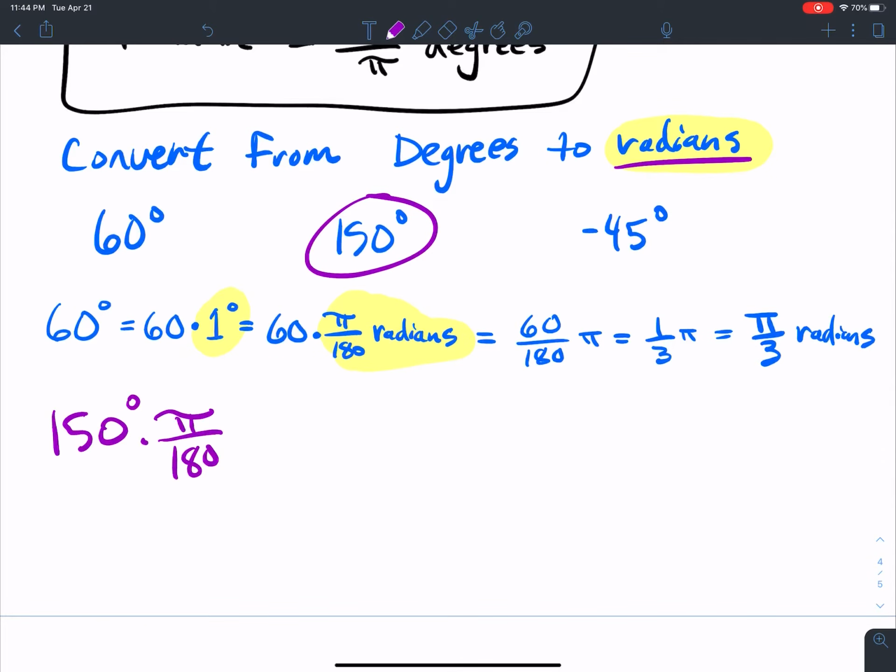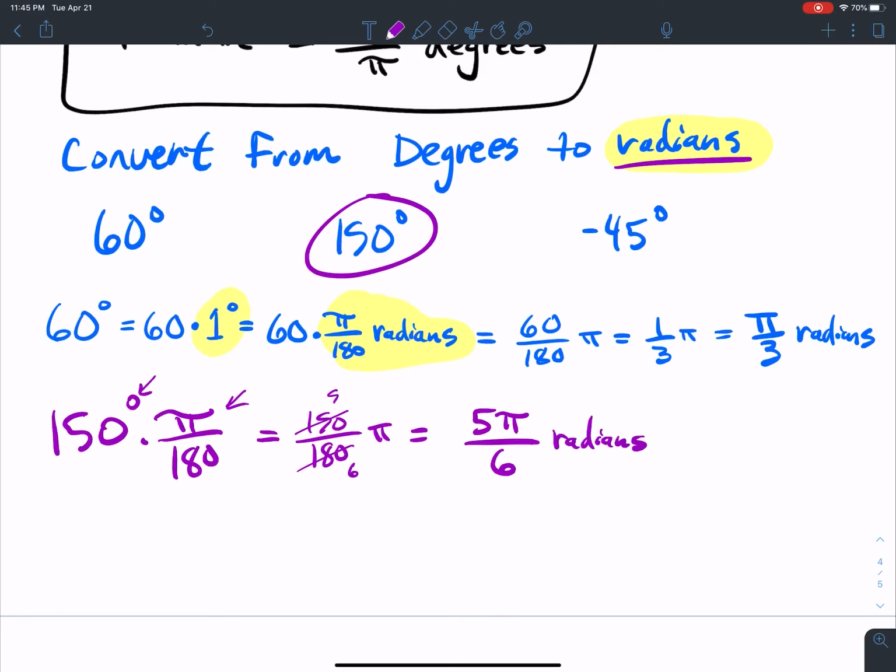When I multiply through, the degrees goes away, the pi takes care of that. I've got 150 over 180 pi. This simplifies, I think by 30, so that's going to be 5 over 6. So that's 5 pi over 6 radians.